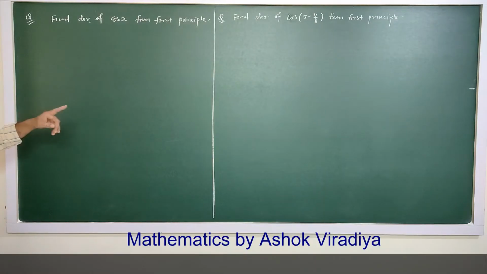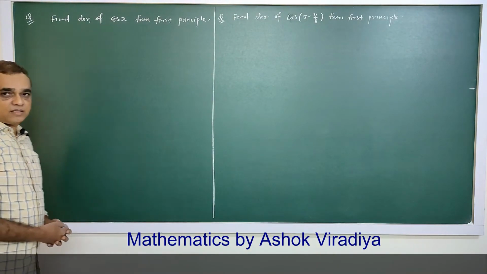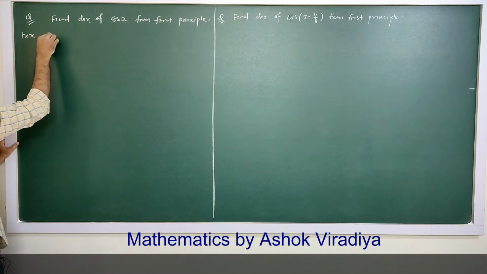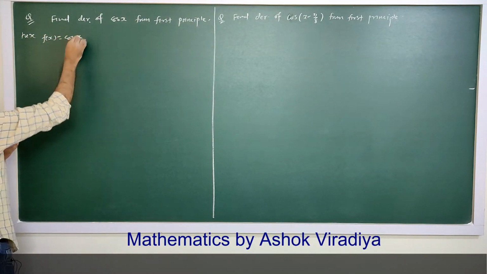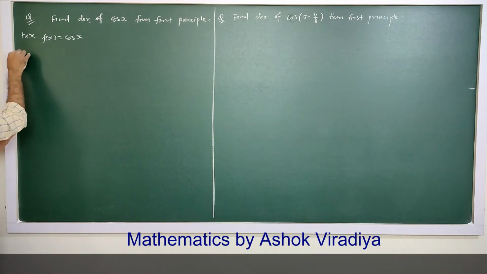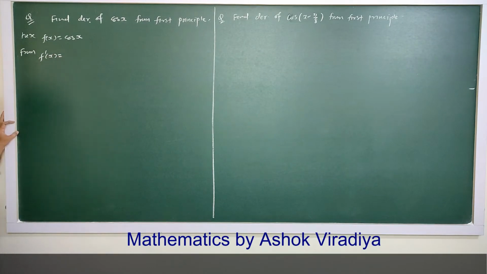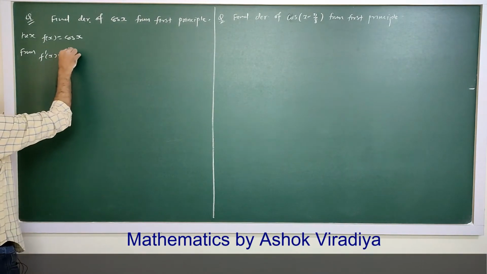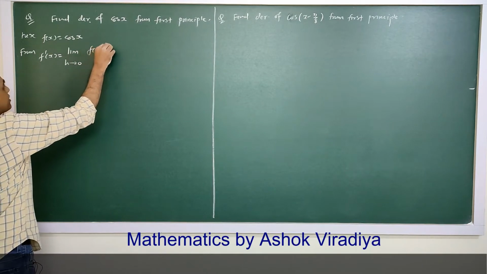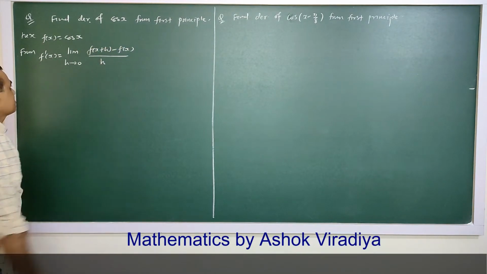Find the derivative of cos x from first principle. Say here f(x) is cos x. Now the first principle is f dash x equal to limit h tends to 0, f of (x plus h) minus f(x) upon h.